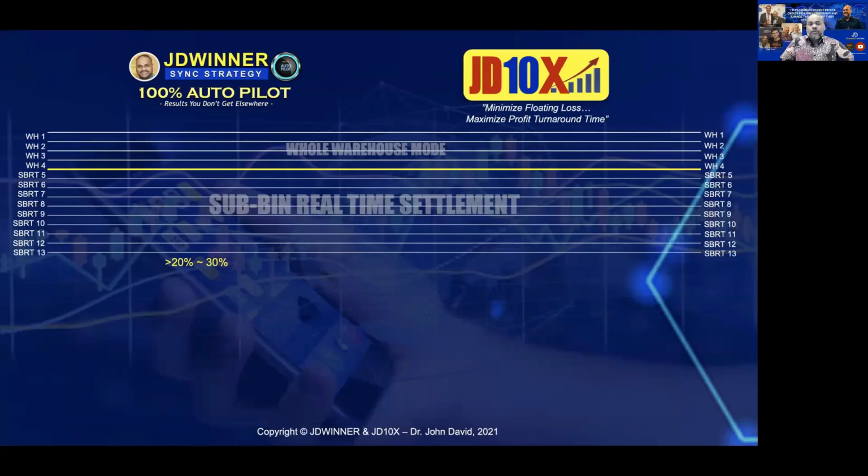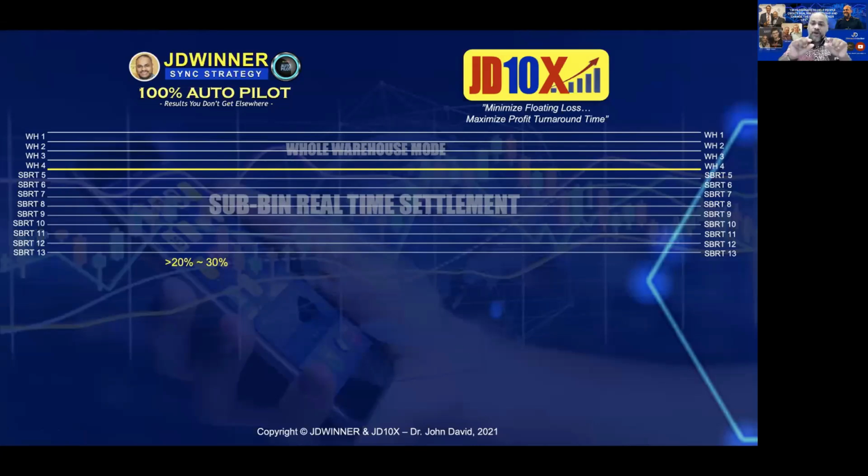If you look over here at JD Winner, for example, JD Winner is 13th margin call. And you will see, as I mentioned to you, this is your warehouse 1, 2, 3, 4. This is what we call a whole warehouse mode. Now the moment it goes below the 4, which is the 5th, all the way down, this is what we refer to as a sub-bid real-time settlement.